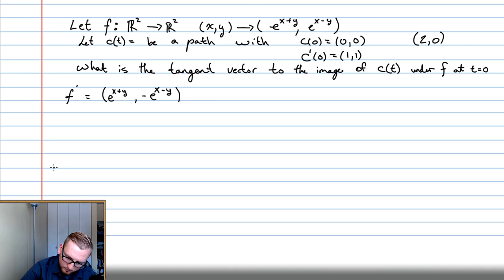C of 0, 0. Let C of t be a path. And f prime of 0, 0. So f of 0, 0 would be 1, 1, right? e to the 0 and e to the 0, 1, 1. Let's try f prime of 0, 0.